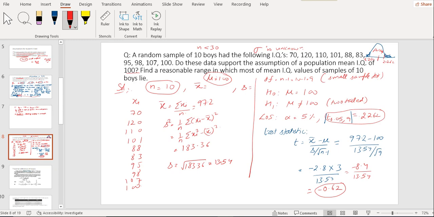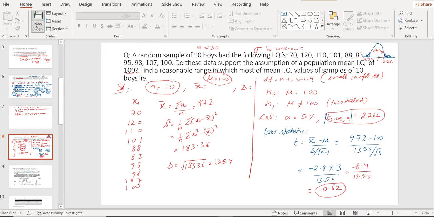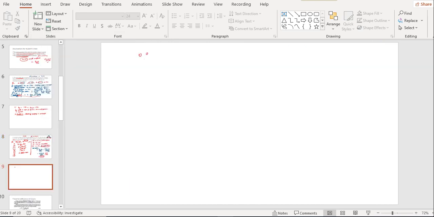So it means that, what do we conclude? Because t calculated is minus 0.62, which falls in between minus 2.262 to 2.262, that is, it falls in the region of acceptance, so hence the null hypothesis is accepted.